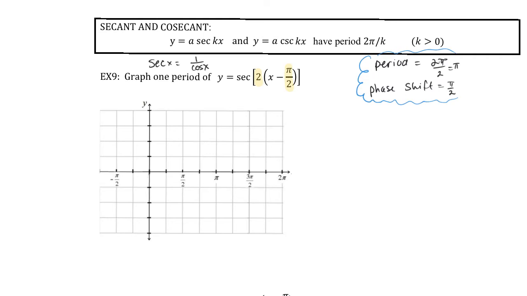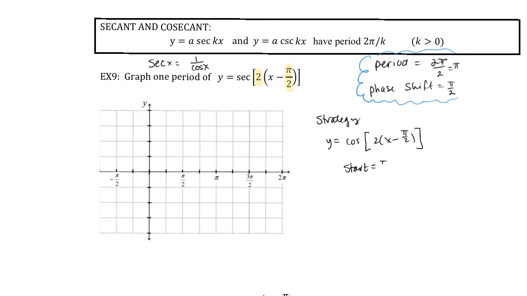All right, so I know that I have to deal with this whole secant thing, but here's my strategy. I'm just going to deal with it as if it was cosine, which I know it's not, but that's okay, we'll get there. X minus pi over 2. The phase shift tells me where to start my graph.